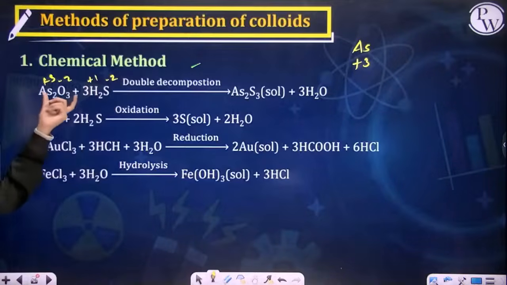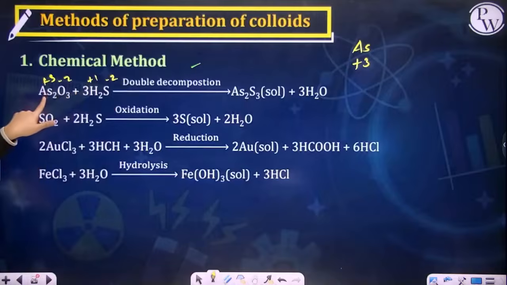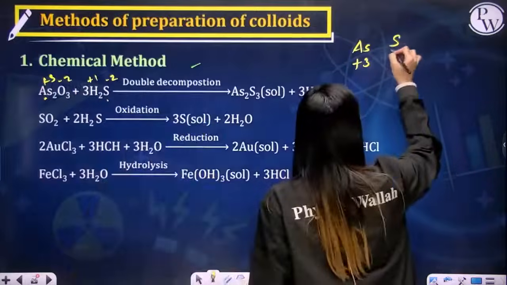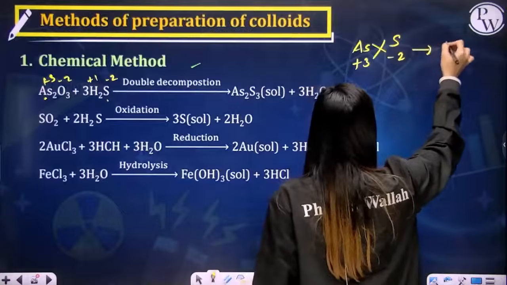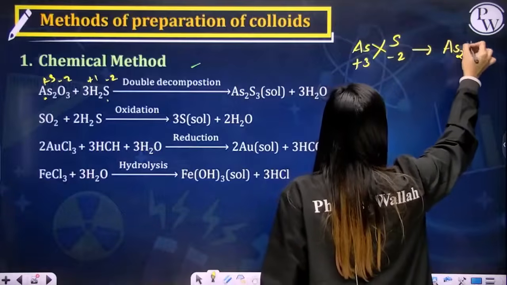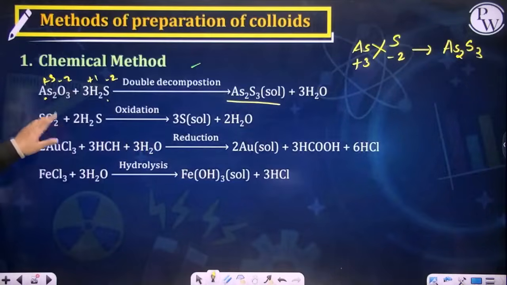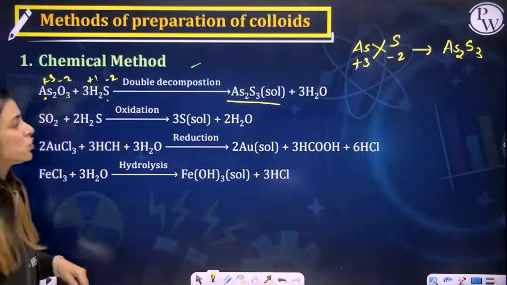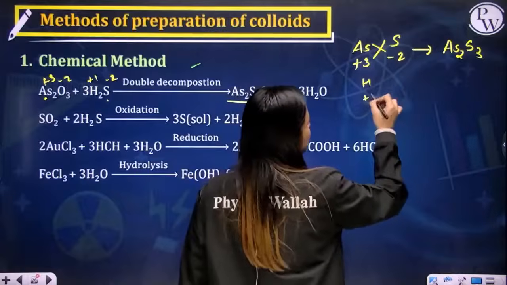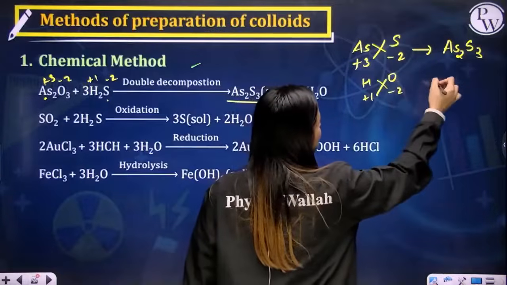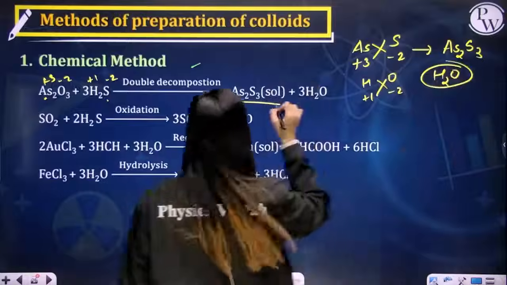In double displacement, arsenic goes with sulfur S. Sulfur is -2, you cross multiply and you get As2S3. So this is how you get the colloid As2S3. The rest, hydrogen and oxygen: H is +1 and oxygen is -2, cross multiply, you get H2O.